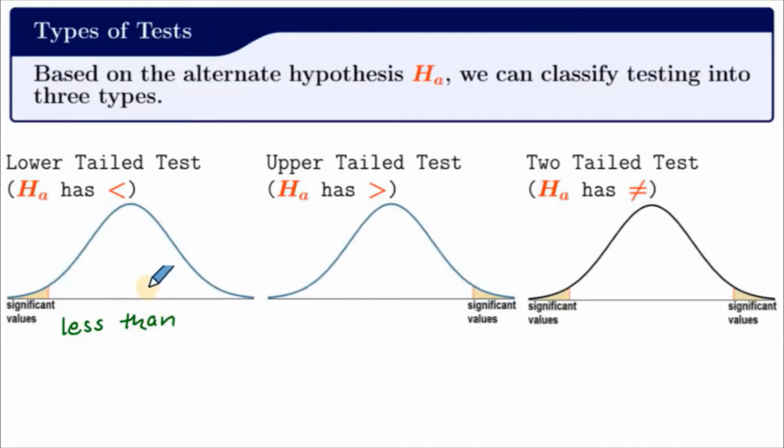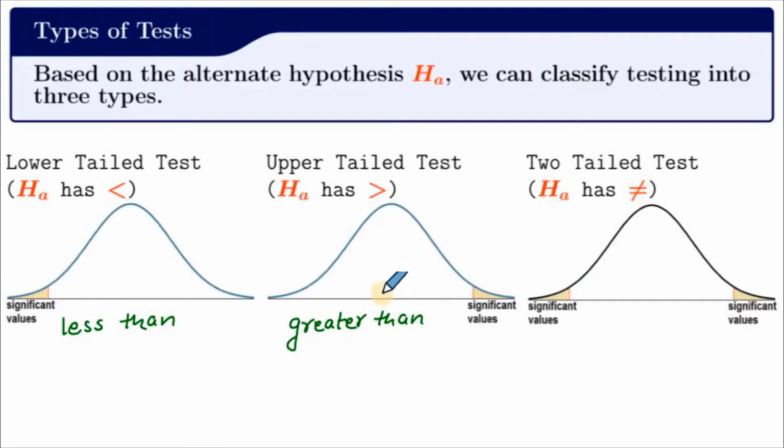If claim has phrase related to something like greater than, we will most possibly have upper-tailed test.